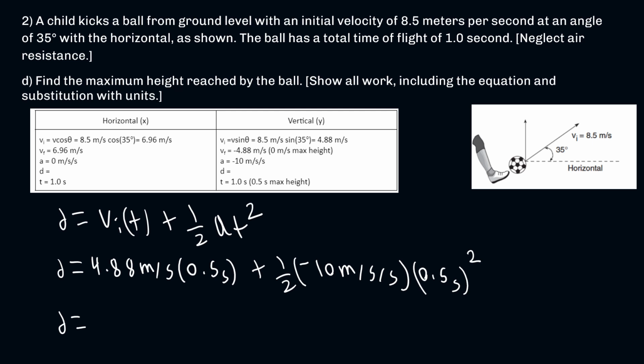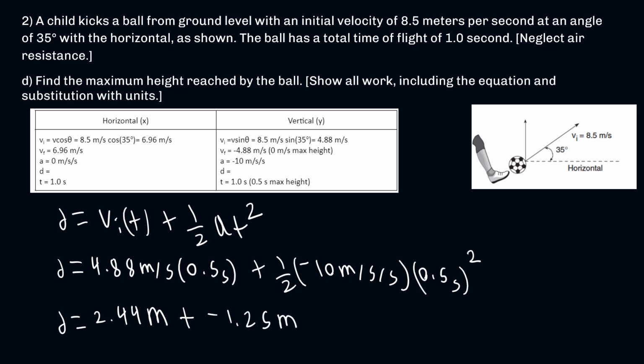So we have 4.88 times 0.5. That's going to give me here 2.44. And with units canceling out, that's going to end up being meters. Then we're going to have plus, on the other side, a plethora of things. So 0.5 raised to the second power, that's 0.25. 1/2 of 10 is 5. So we're going to have on the other side here negative 1.25.